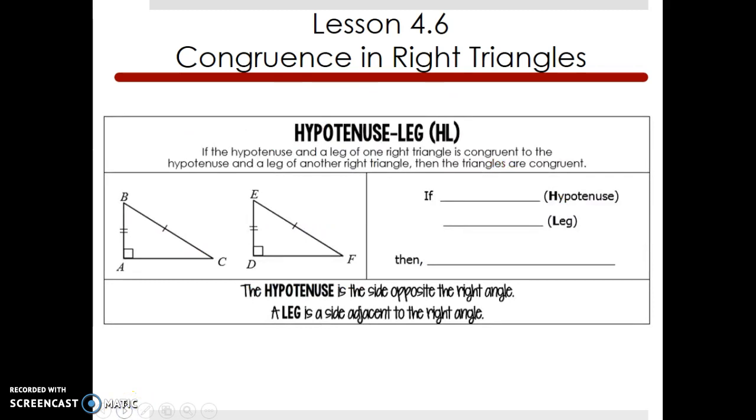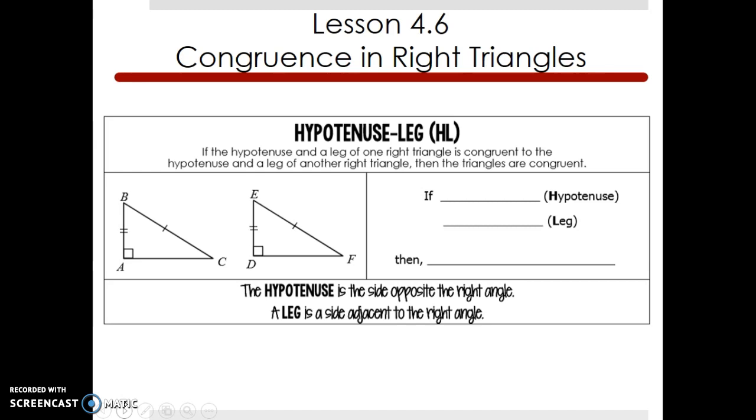So the hypotenuse-leg theorem basically says if the hypotenuse and the leg of a right triangle are congruent to the hypotenuse and the leg of another triangle, then the triangles are congruent. The previous congruence properties we learned, like side-side-side and angle-angle-side, all had three things.